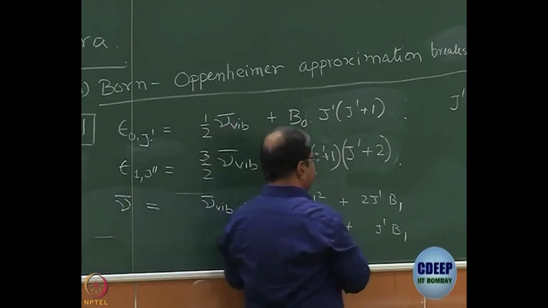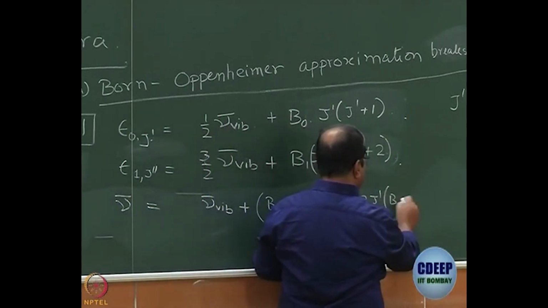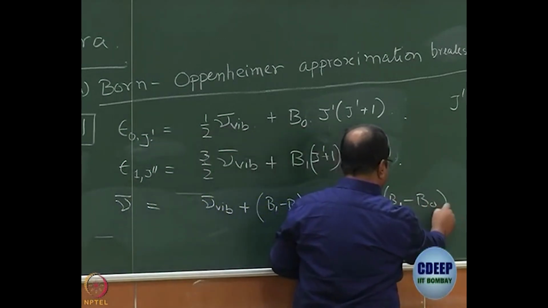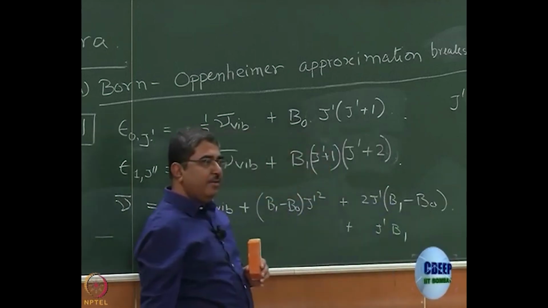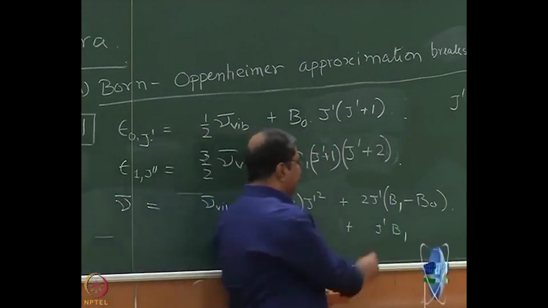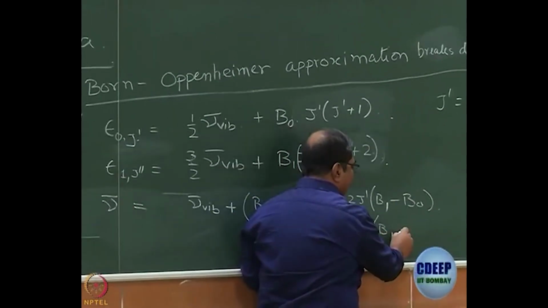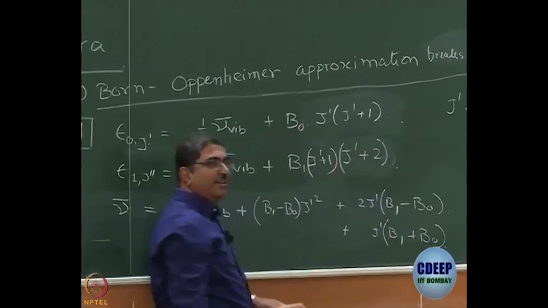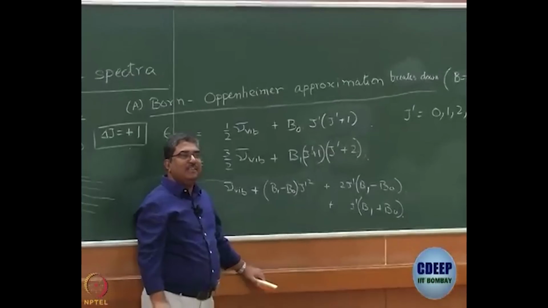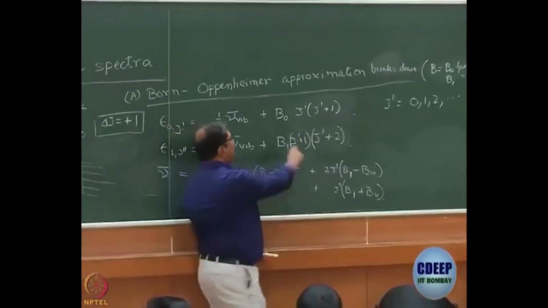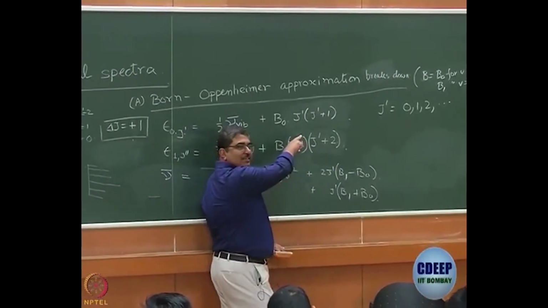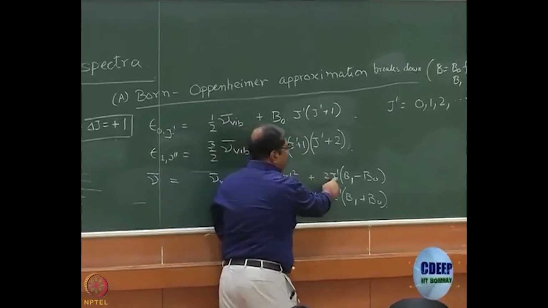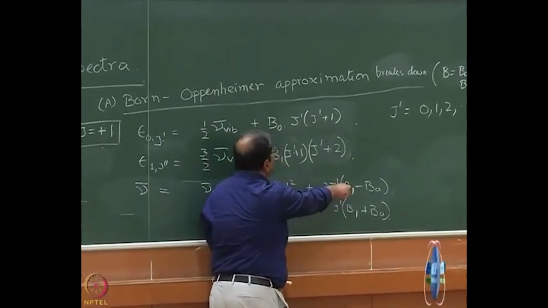So, I will write it like this, 2j dash B1 minus B0. Then what do I have to write here? j dash into B1 plus B0, right? Is that so difficult? What do I have here? I have B0 into j dash, okay. What do I have here? 2j dash minus 2j dash B0.